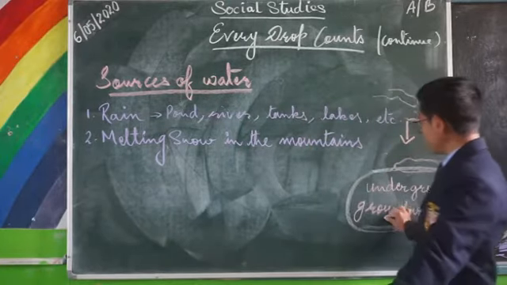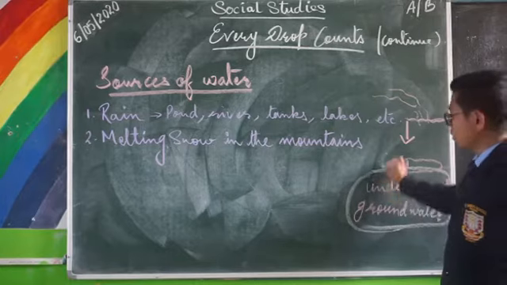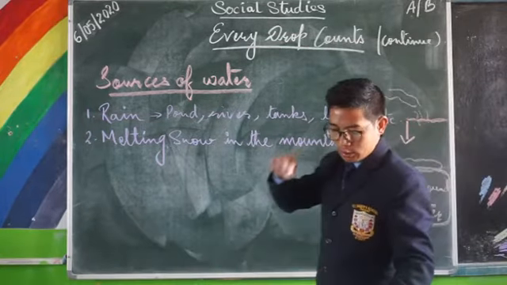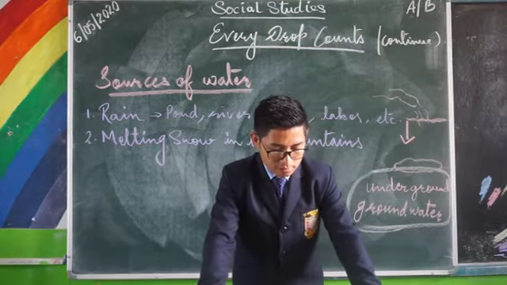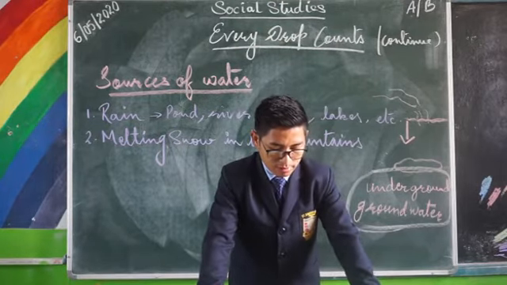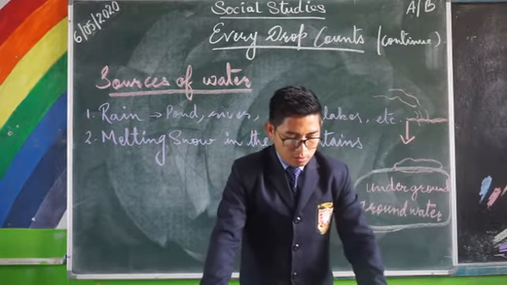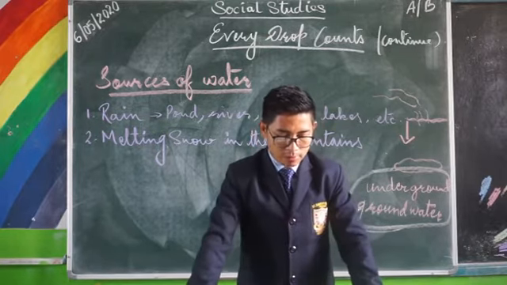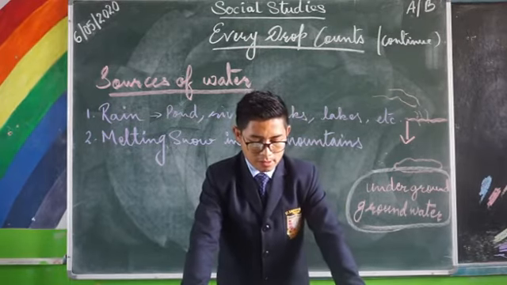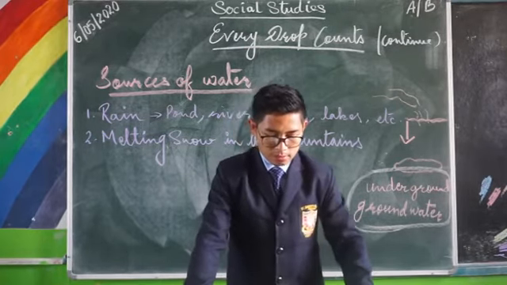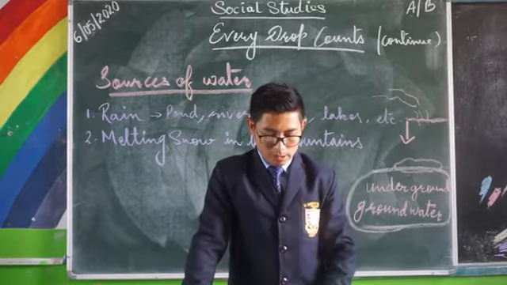People draw out this groundwater with the help of wells, tubes, and hand pumps, etc. So rainwater can be collected and stored in underground tanks, pits, or wells for different purposes.